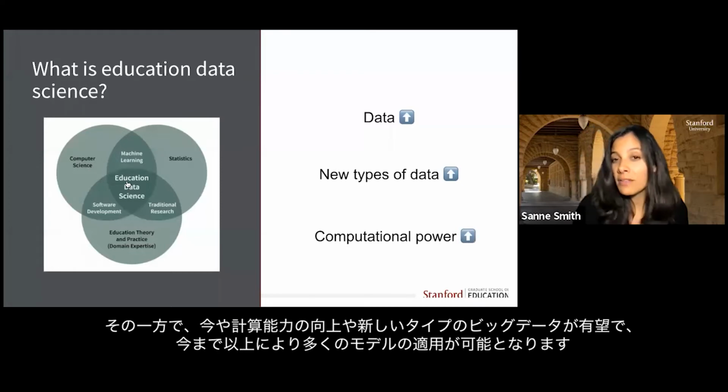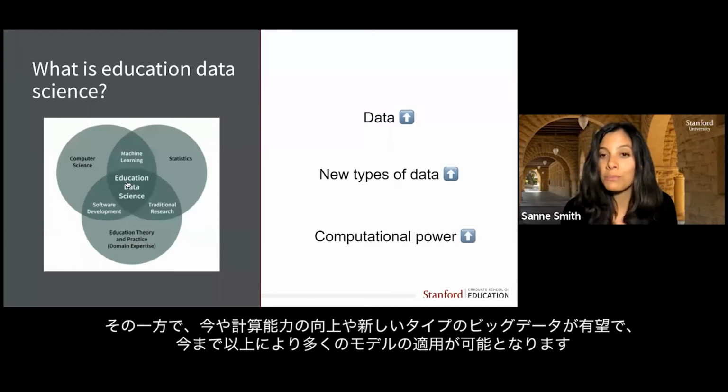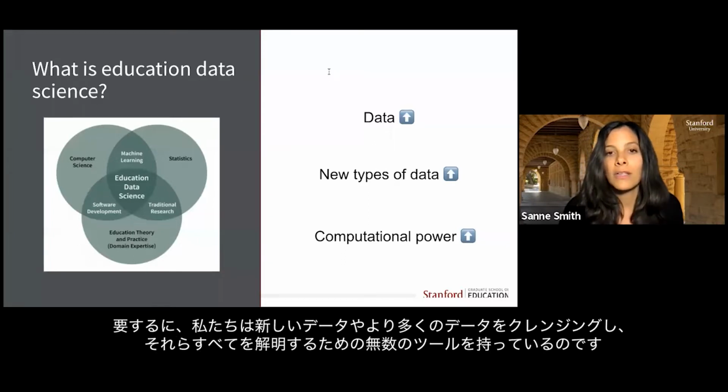But now that we have the promise of increased computational power and big new types of data, we can apply many more models than we have before. So long story short, we are awash in new data, more data, and we have a myriad of tools to make sense of it all.